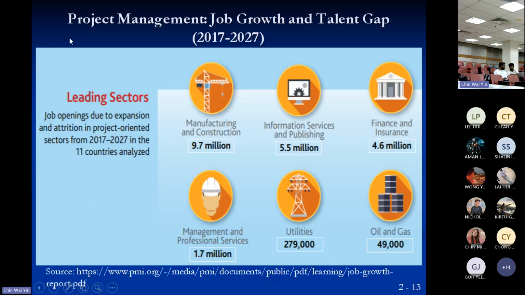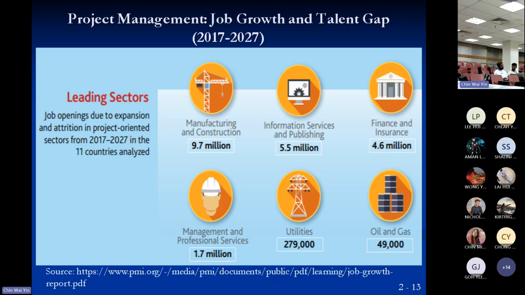From their analysis, from their research, they also projected growth and talent gap in terms of project management in different sectors. They need project managers or people who are qualified.